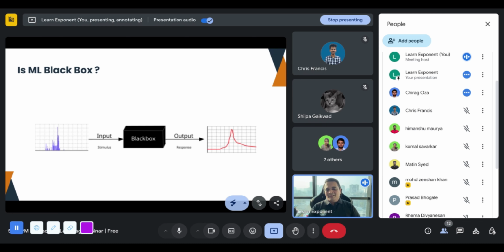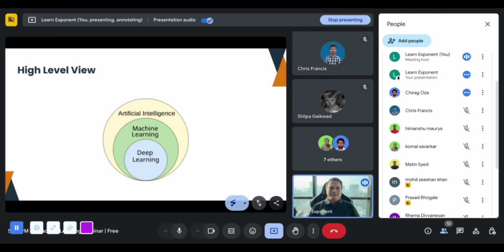So if you consider machine learning, is it a black box? To a certain degree, yes, it is a black box. It has well-defined inputs and well-defined outputs. But what really matters is how you train or create this black box. That's where all the magic lies. That's where all the success lies. At a high level, you might also have a question in mind: how does machine learning fit with deep learning and AI in general?